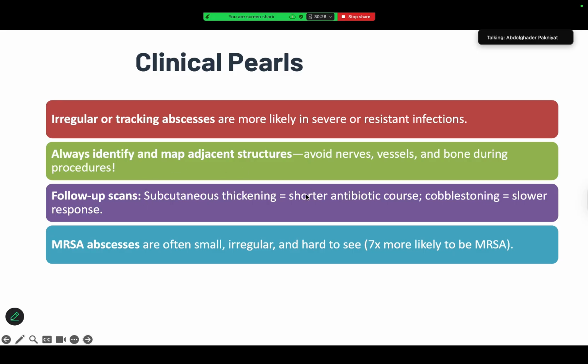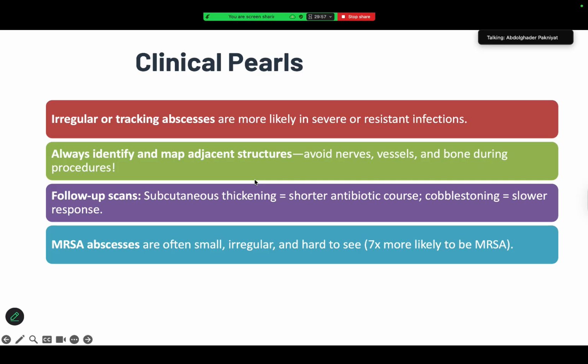And for follow-up also, ultrasound is a very good tool. If a patient has cellulitis with just subcutaneous thickening, maybe a short course of antibiotic is enough. But if you have cobblestoning, it means more advanced cellulitis and slower response, so maybe you need to continue your antibiotic long term. And also, if you find an abscess that is irregular and very small and hard to see, it is 7 times more likely this abscess is due to MRSA.